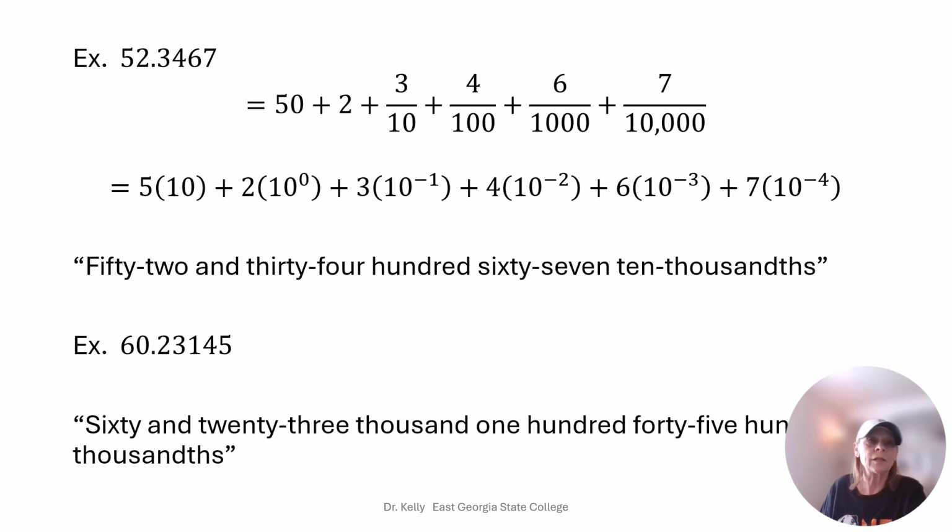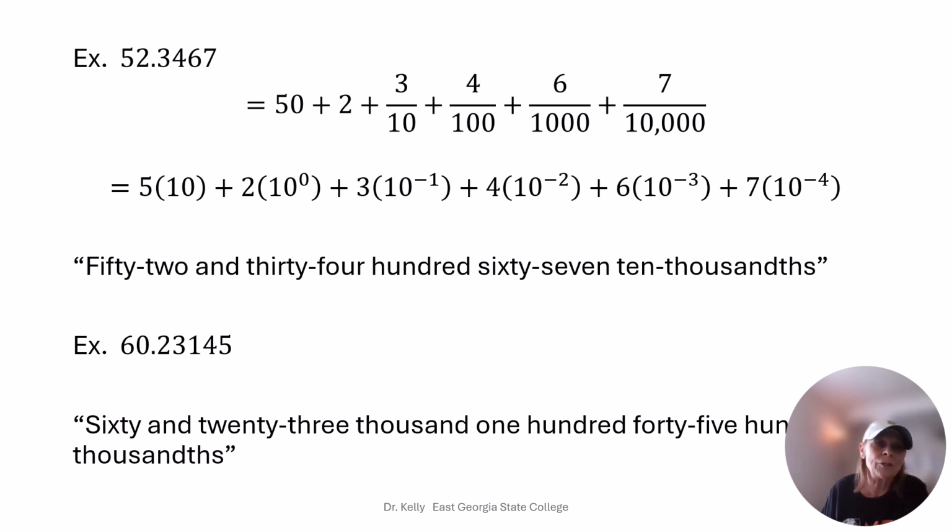Let's take a look at this one here. This is 52 and 3,467 ten-thousandths. I messed that up very bad. Let me look at it one more time. It's easy to mess up. You have to practice. Don't not practice.